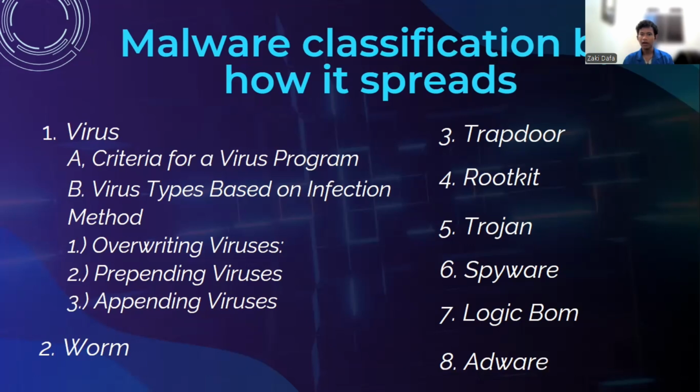Okay, next we have a rootkit. A rootkit is a set of programs designed to modify the standard functions of an operating system with the primary goal of concealing malicious activities being carried out.